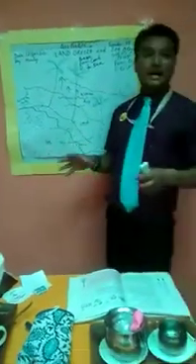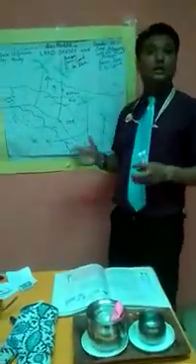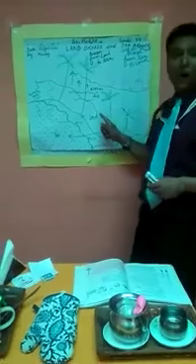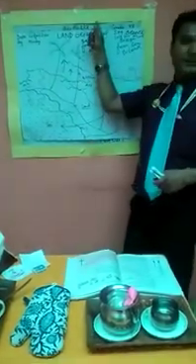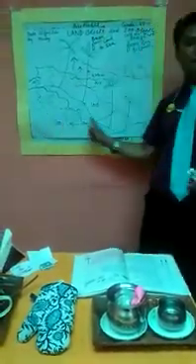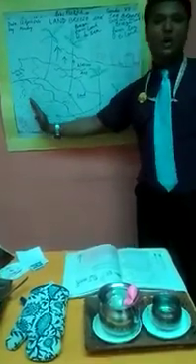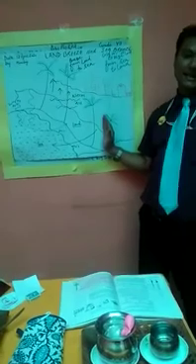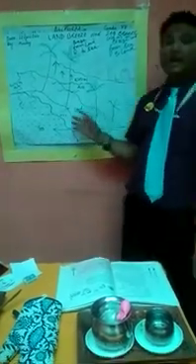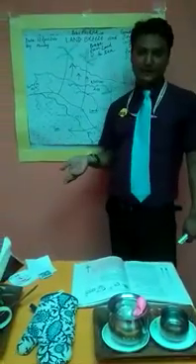So this cycle continues. Let's have a recall. In the daytime, the land gets hotter faster. So the warm air rises up from the land and cold air from the sea comes to land. This is called sea breeze. In the night, the reverse happens.